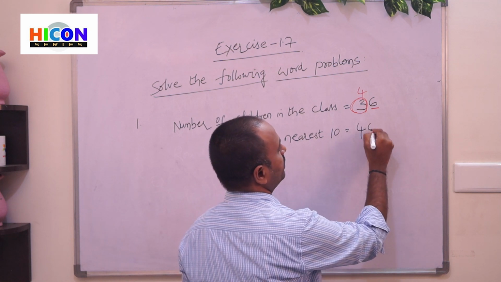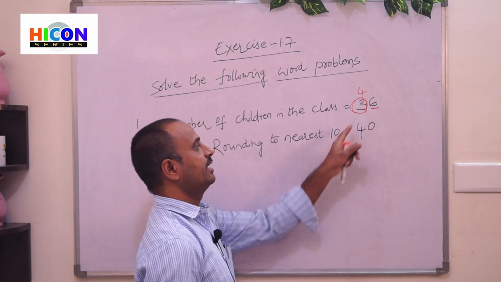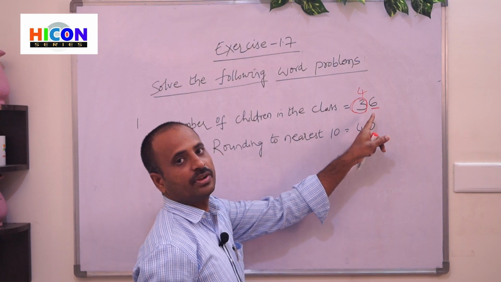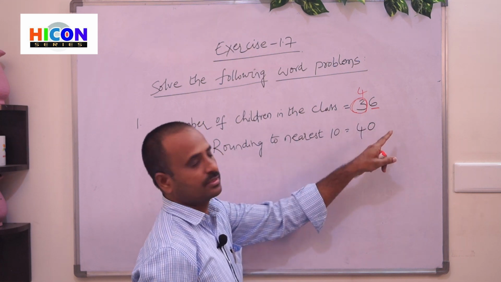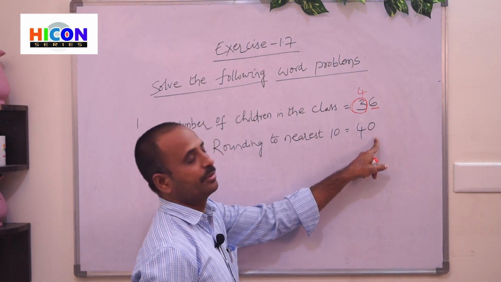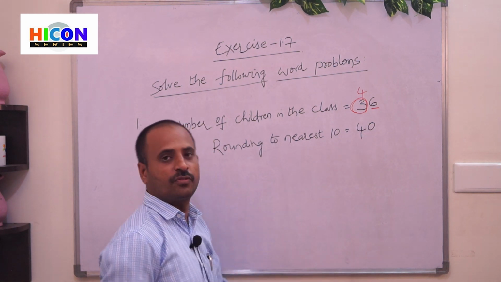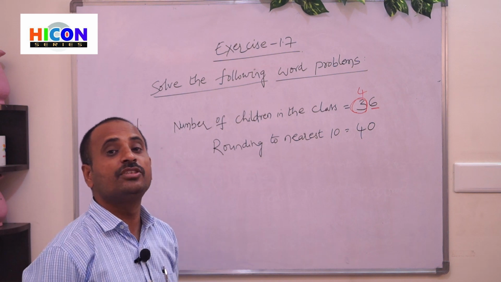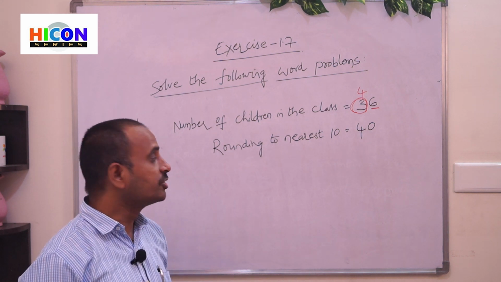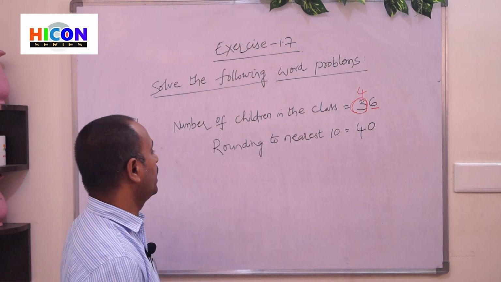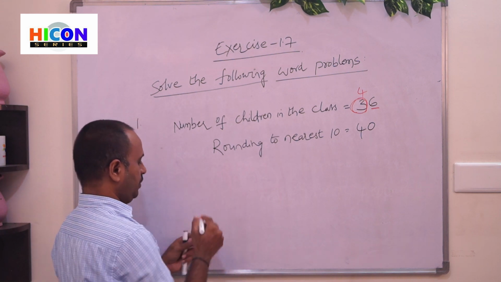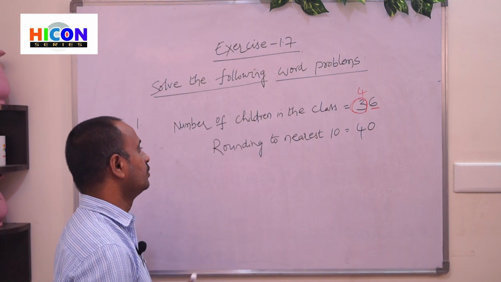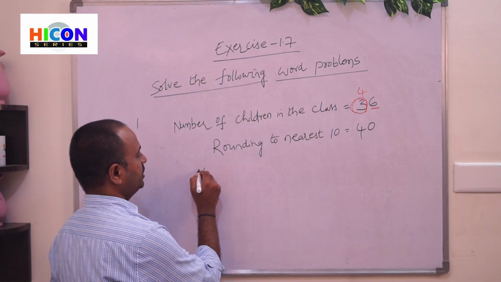Write the next tens and keep 0 for the remaining digits. There is one digit after the tens place, so we keep 0 for that place. So the number becomes 40. How many sweets do you have to take to distribute? You have to take 40 sweets to distribute to your children.